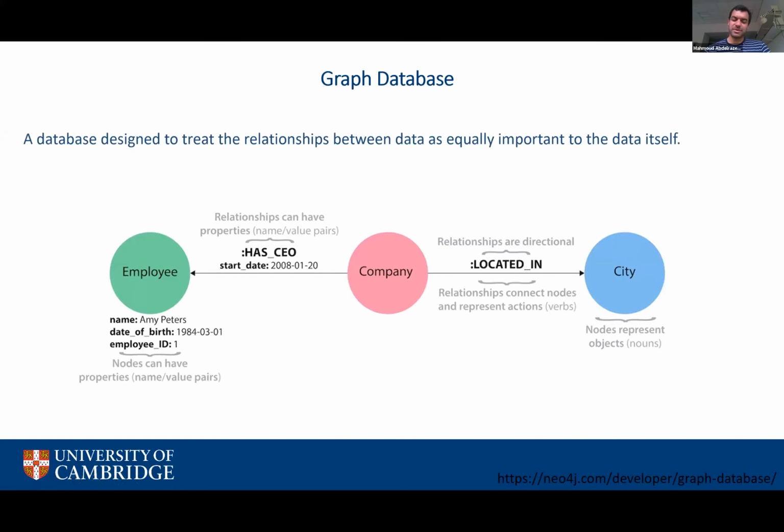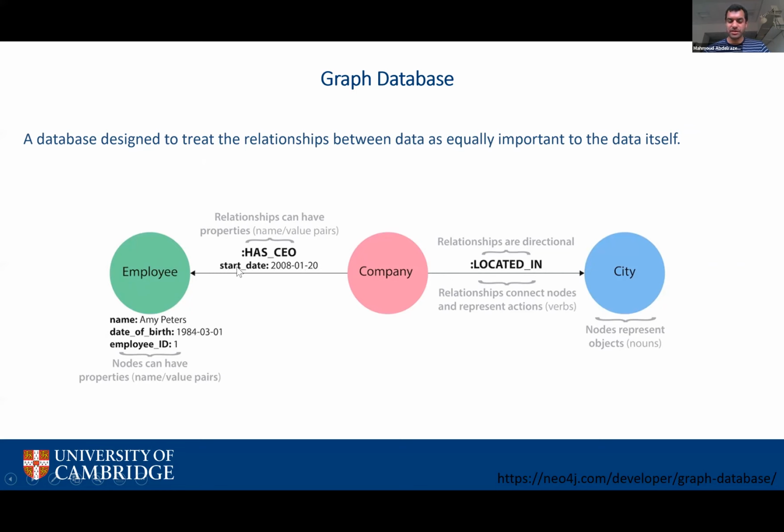So a graph database is a database that allows you to store information about the relationship as well as the entity. Entities here, or tables in the previous databases, are stored as nodes, and the relationships are stored as relationships, with the difference that the relationship can have its own identifiers.